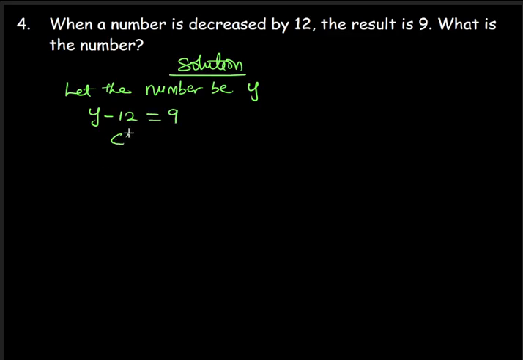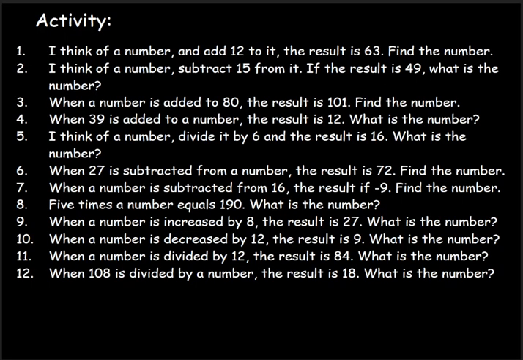So what do we have? Collecting like terms, that will give us y equal to 9 plus 12, and then y equal to 21. So we can say that therefore the number is 21.